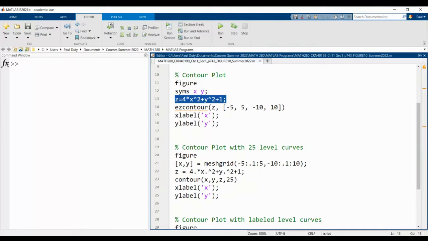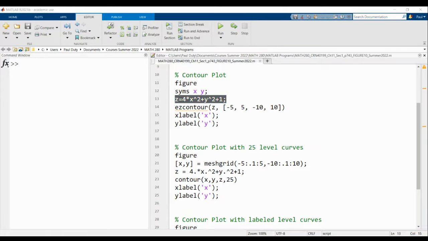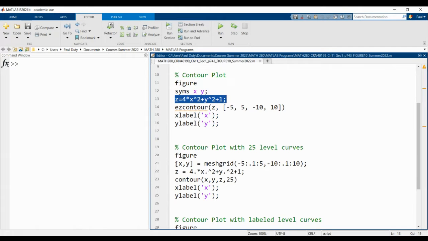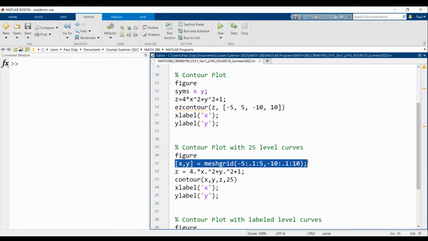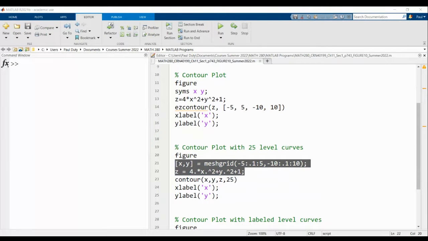I'm writing z equals 4x squared plus y squared plus 1, but I'm not using any dots before the operators, because I don't have a mesh grid created. But below, in this program, I have a mesh grid created, and therefore, when I type my function, I need to have the dot notation. Are there any questions on that?